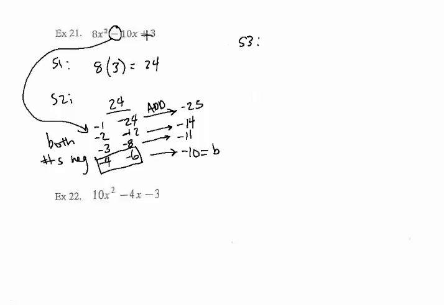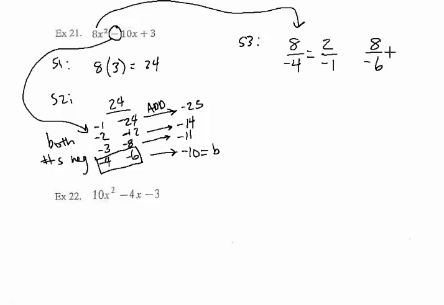And step 3, we pick out our leading coefficient. We write it on the top of two different fractions, and then we write on the bottom the numbers that we found in step 2. We reduce each fraction. We get a 2 and a 4 over minus 3, and now we have the coefficients for our factors.